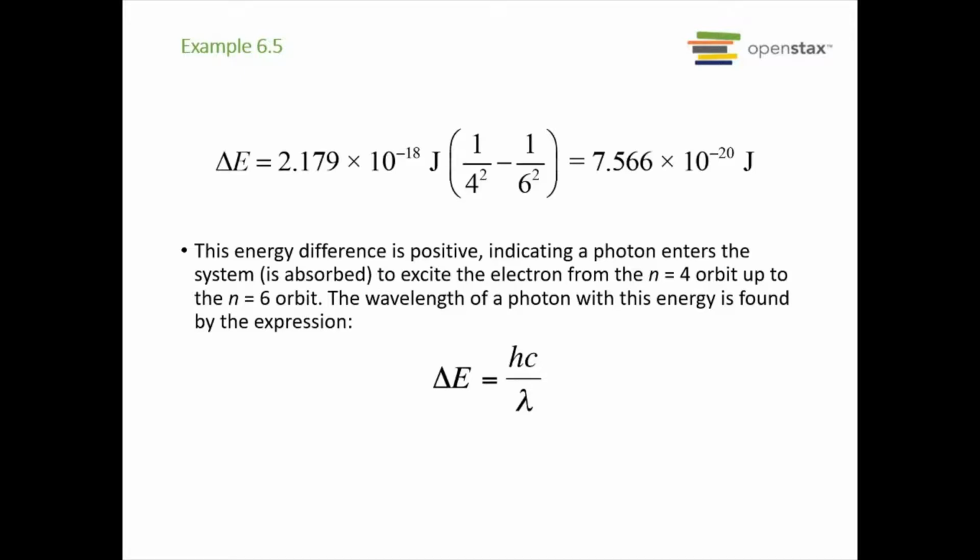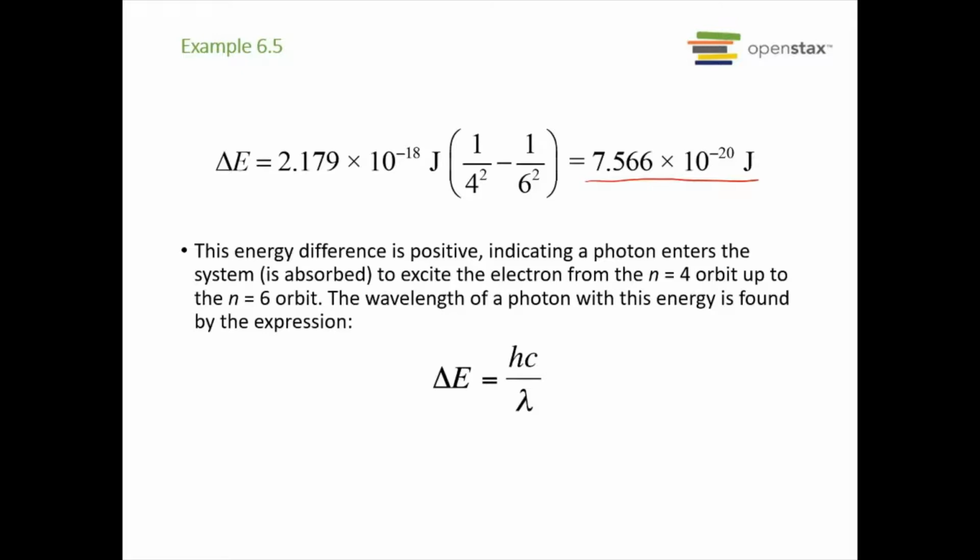So now we have our delta E. And the other part we want to know is where on the spectrum this falls. So we need to know what our wavelength is, because then we can take the wavelength and look at our spectrum of light and figure out what that corresponds with. So we also notice that our energy difference is positive, which means that a photon is being absorbed.